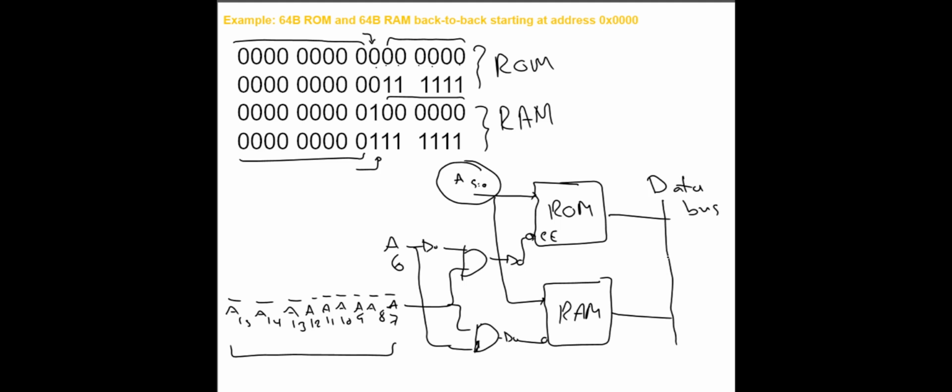In this case, the data bus is 8 bits, and those memory systems are producing 8 bits as well. We made that assumption, right? We said each location is holding 1 byte, and that's why for the 64-byte ROM and 64-byte RAM, we are using 64 locations for each.